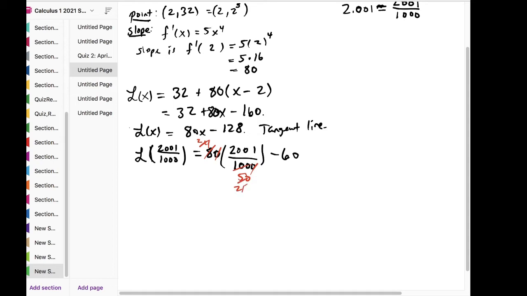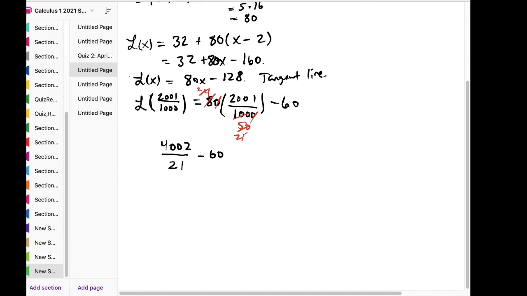Okay, so we got 4,002 over 21 minus 60. Maybe I want to combine it into one fraction. Four thousand and two minus 1260 over 21.